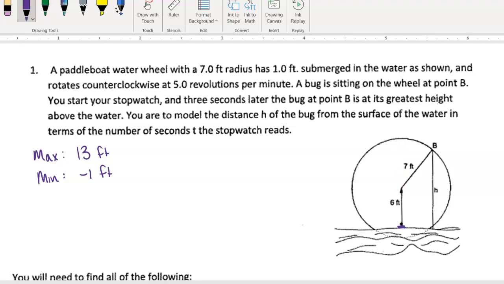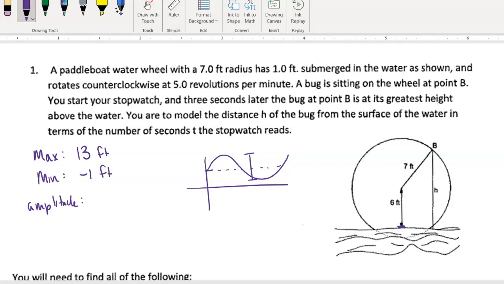All right, so for the purpose of our graph, let's find some other pieces like the amplitude. Remember when we were finding the equation and we had graphs like this? And I said one way that we could find the amplitude is we could find the distance between the highest and lowest point and divide it by 2 or cut it in half, and that would give you what the amplitude is.